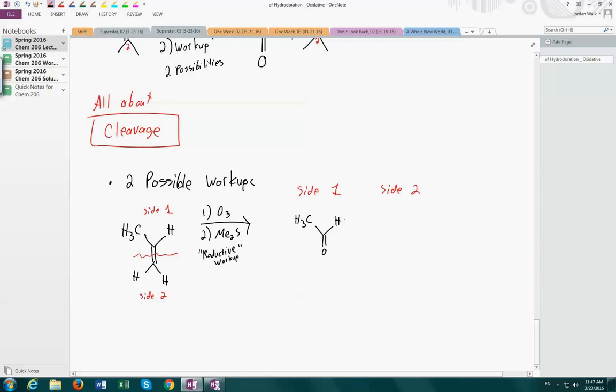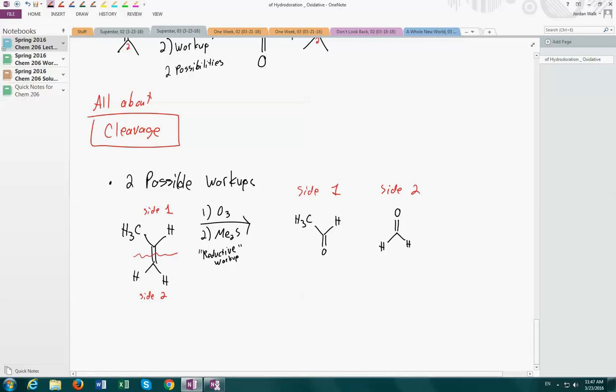And that's pretty much it for the reductive workup. Importantly, nothing really changes, all right? So that's basically flat out, we're just going to convert the CC double bond into a CO double bond. So then for the side 2, we end up with this molecule. Have we made 2 different products? Yeah, definitely we have 2 different products in this case from our starting alkene.